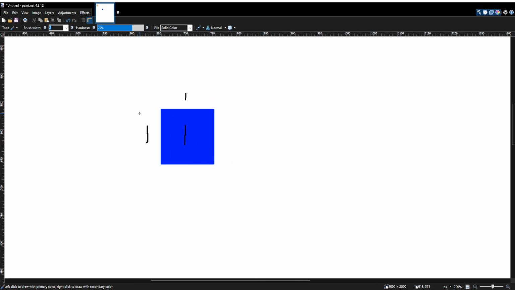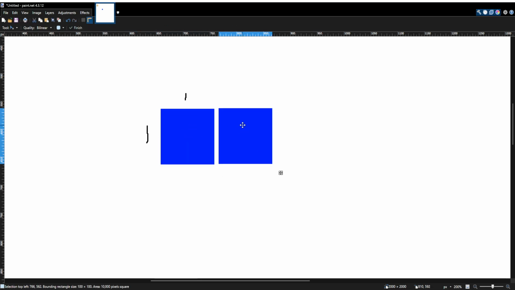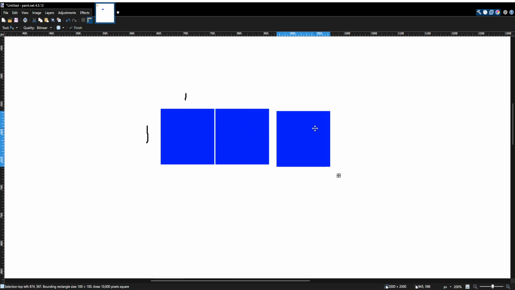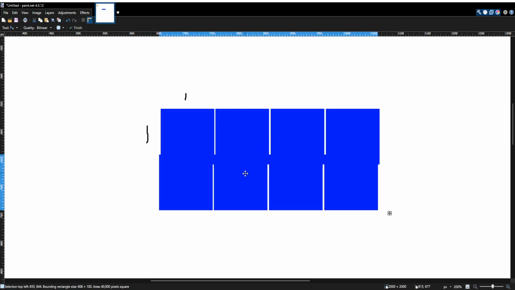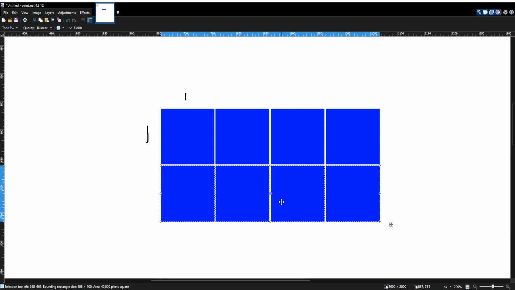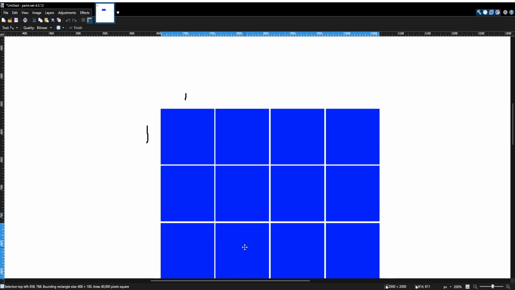Now, let's imagine that I take this square and I copy this a few times so that I have 4 going this way and I'm going to have 3 going down.